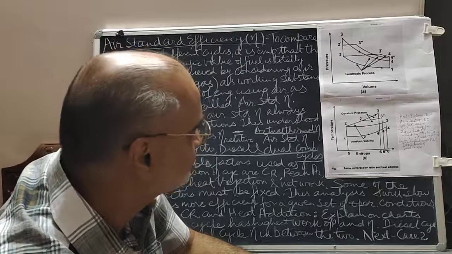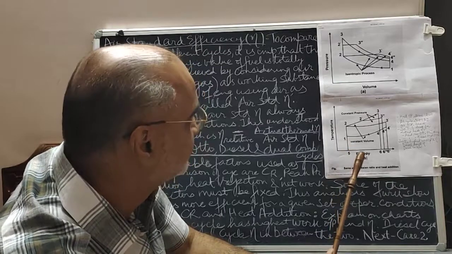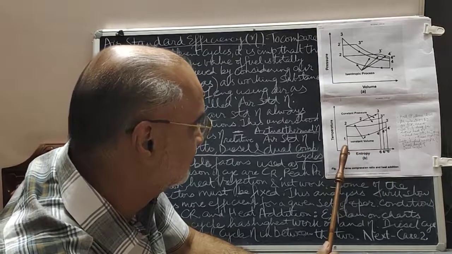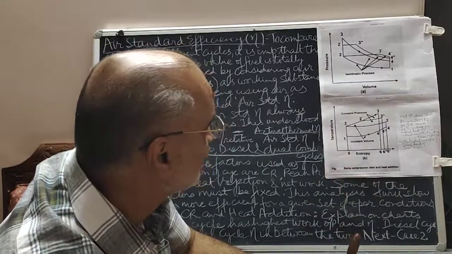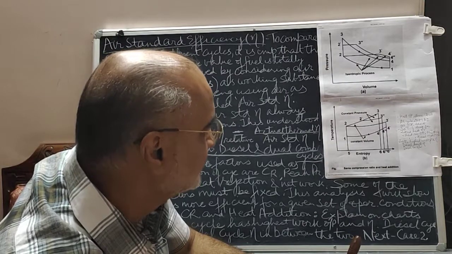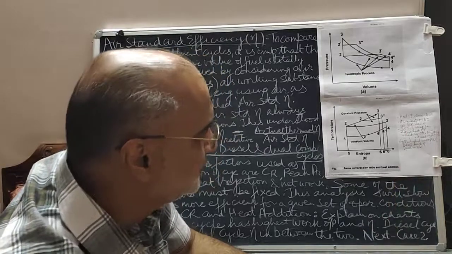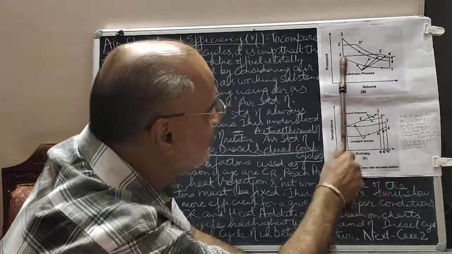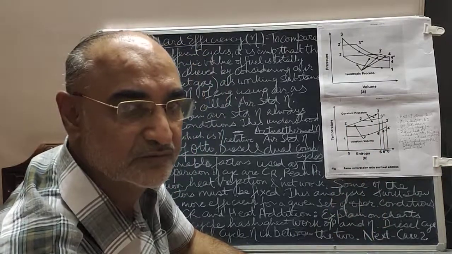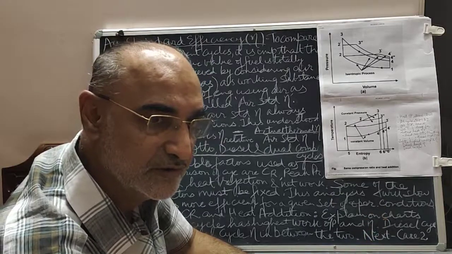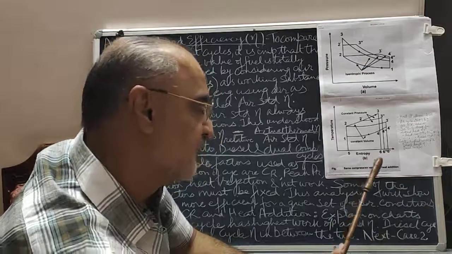Next we see that all the cycles start from 1 to 2, as the compression ratio is the same. This 1 to 2 is common for all three cycles, that is the Otto, diesel and dual combustion, because the compression ratio is the same.